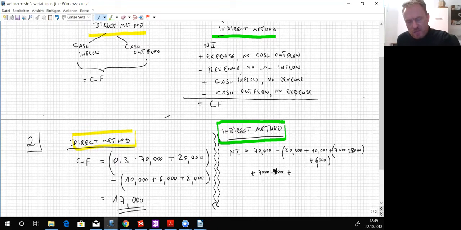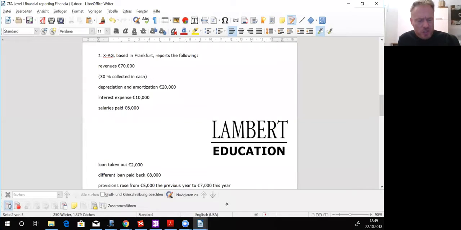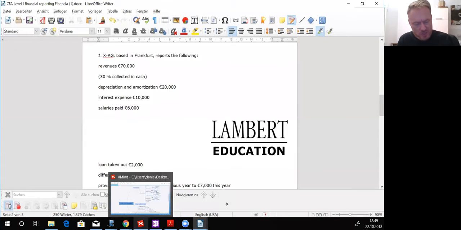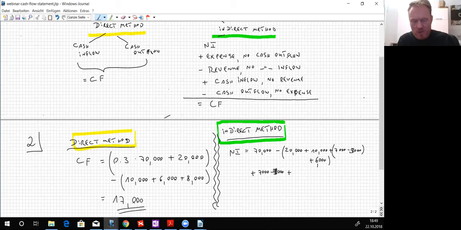And second, there's 20,000, and I think that was the depreciation and amortization, right? 20,000 euros just as well, that were subtracted in order to calculate net income, which was correct, because the result of the income statement is net income. So as we try to calculate the result of net income, we of course have to subtract 20,000.